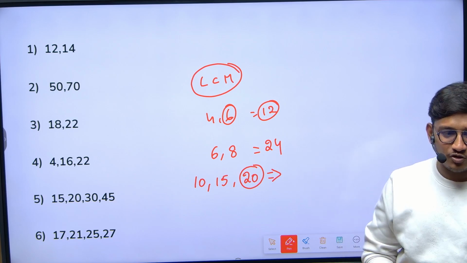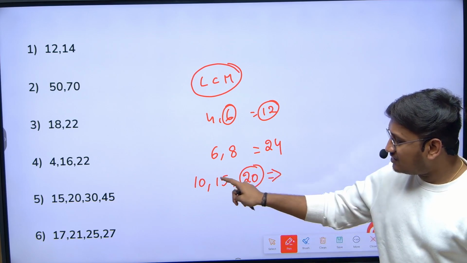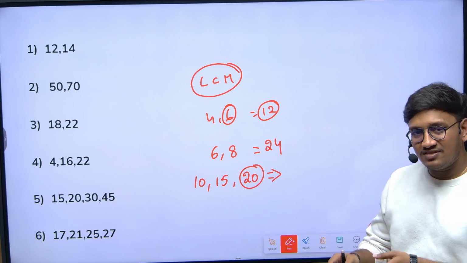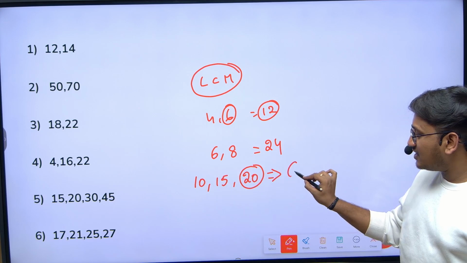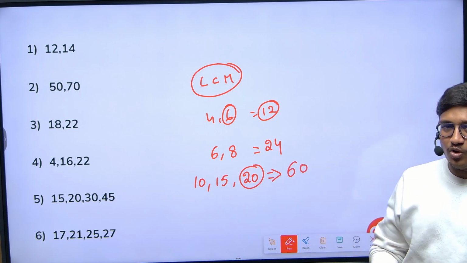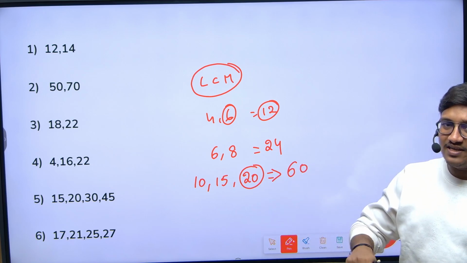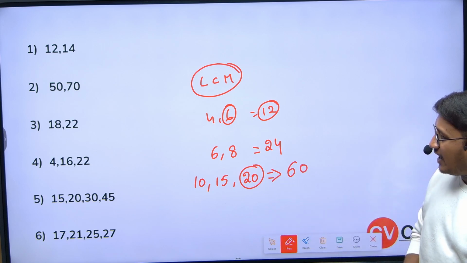Next multiple of 20, which is 40, right? 40 is divisible by 10 but not by 15. So what should we check with? 60. Now 60 is divisible by both 10 and 15. So the answer is 60. Very simple logic for finding LCM: check with the highest number or its multiples. Definitely your answer will be the highest number or a multiple of it.